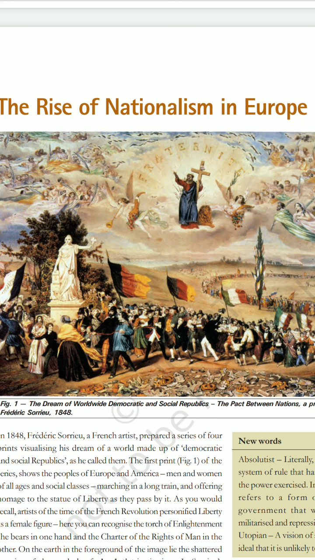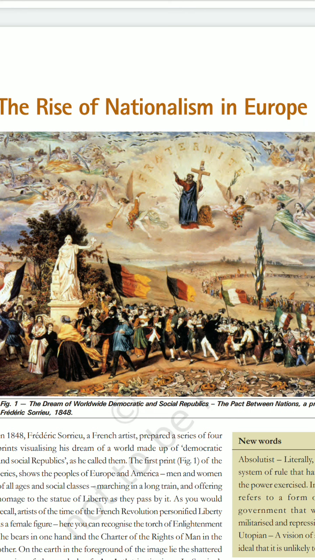They were not one nation state, but Frederick Sorrieu was thinking that the democracy and social rights that the people now have in France will expand all over Europe, and every nation will now rise to a nation state in place of being a small fragmented nation controlled by a few people.